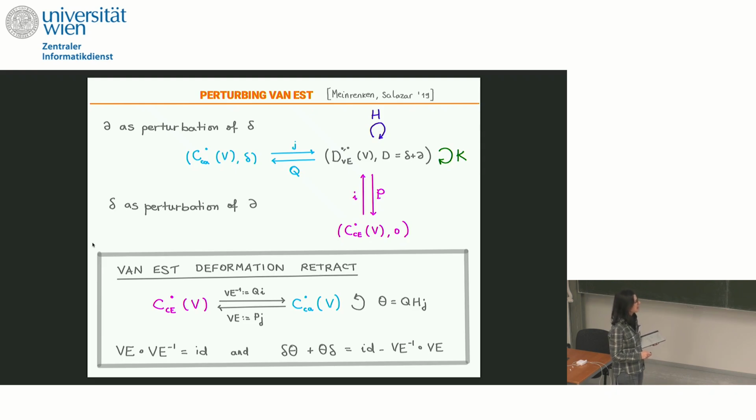So we could say we have now two quasi-isomorphisms, which we call Van Est, both, from the Chevalley-Eilenberg cohomology complex to the coalgebra one. And I have a homotopy.